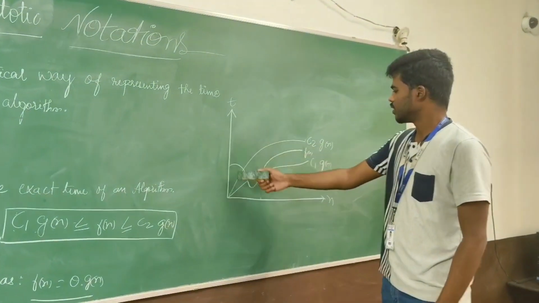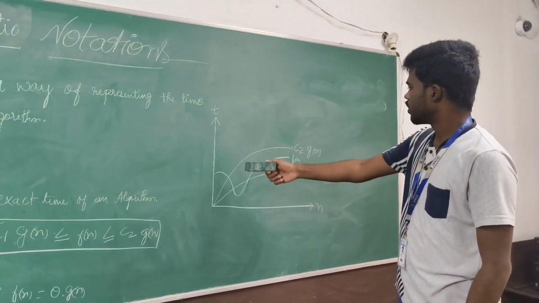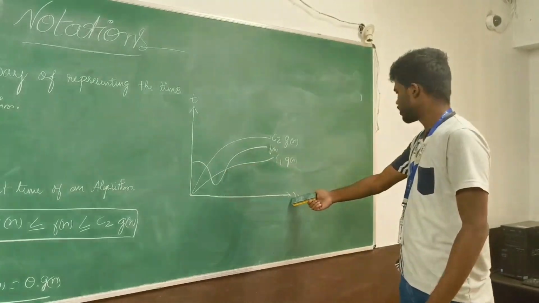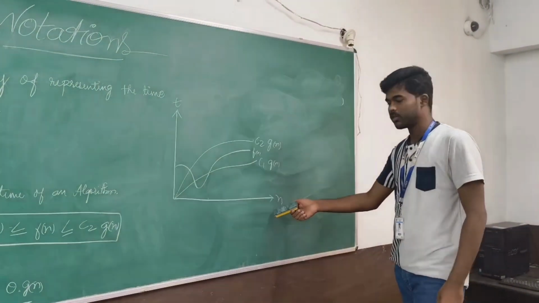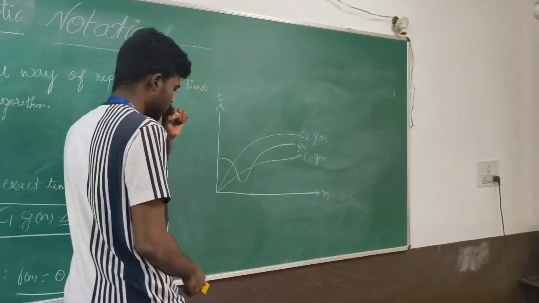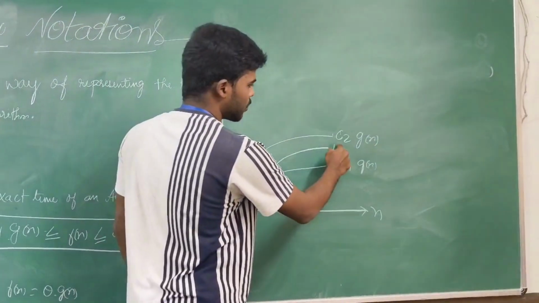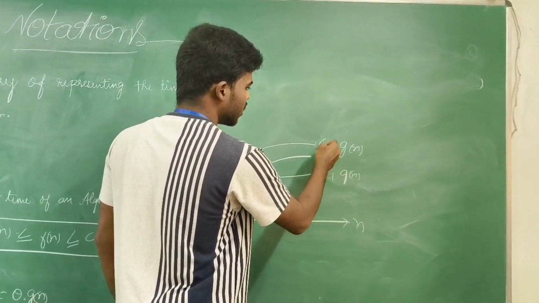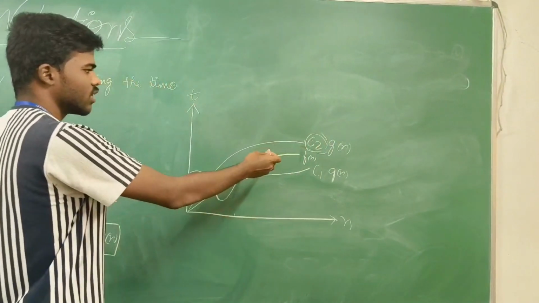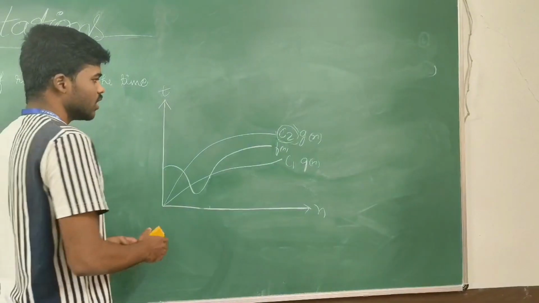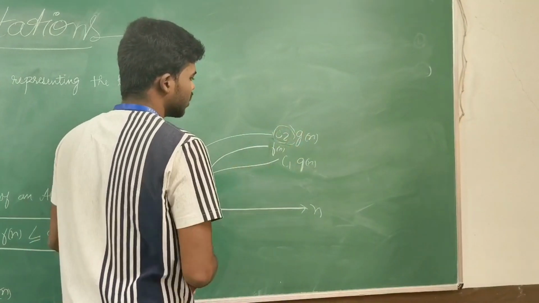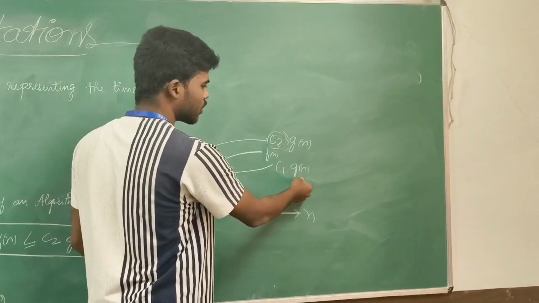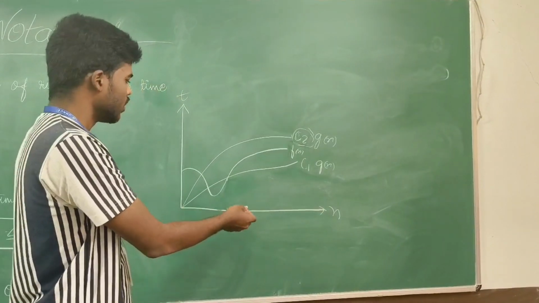To understand further, we can use an example of the graph. The y-axis represents the time taken, the x-axis represents the size of the input variables. Here, this represents c2 dot g of n. The c2 represents the second constant, and here the c1 represents the first constant, and f of n and g of n represent the functions.